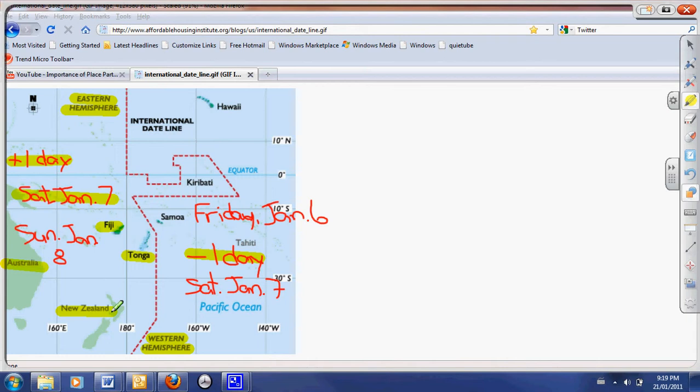Let a day go by. Travel to one of these islands, Samoa or Tahiti, and you'll see here that while it was Saturday, January 7th on this side in the Eastern Hemisphere, over here it was Friday, January 6th, so it's a day behind. But now if you let a day go by, you can experience Saturday, January 7th, twice. But you have to cross the international date line. Over on the eastern side, of course, it would be January 8th still.